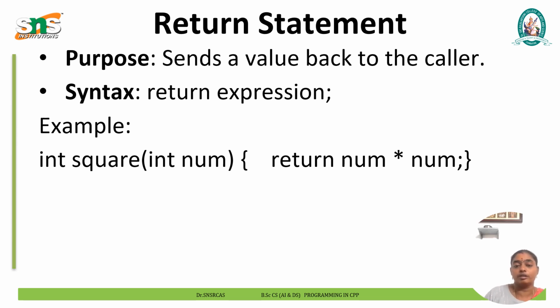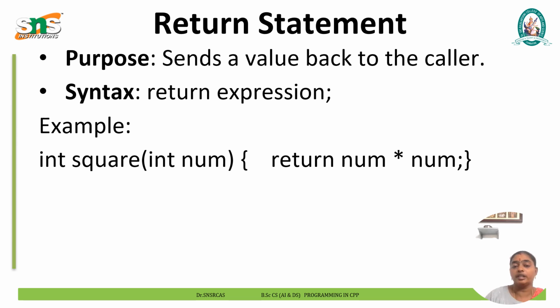That means your function definition has a task, and when it completes the task, the result value is returned to the main function with the help of the return keyword. That is, it sends a value back to the caller. The syntax is return expression, ended with a semicolon, as a statement inside the function definition block.